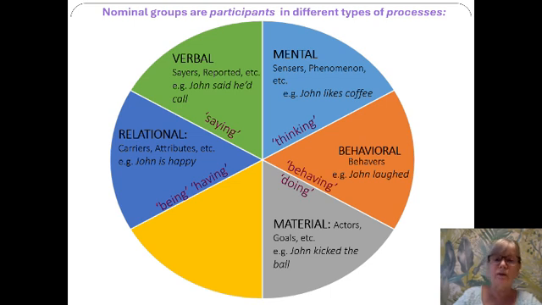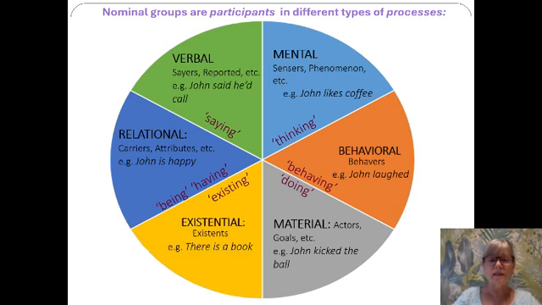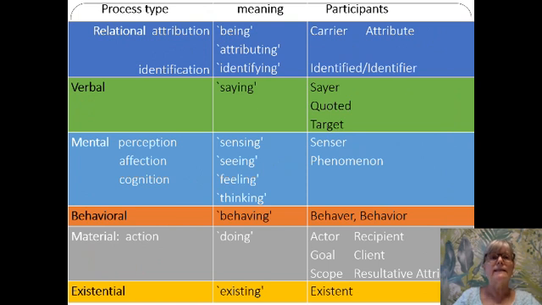So John kicked the ball is an example. Existing processes simply posit the existence of something, and they're called existential processes. And those are your there is, there are constructions. So that's the experiential world in systemic functional linguistics, divided into these six process types.